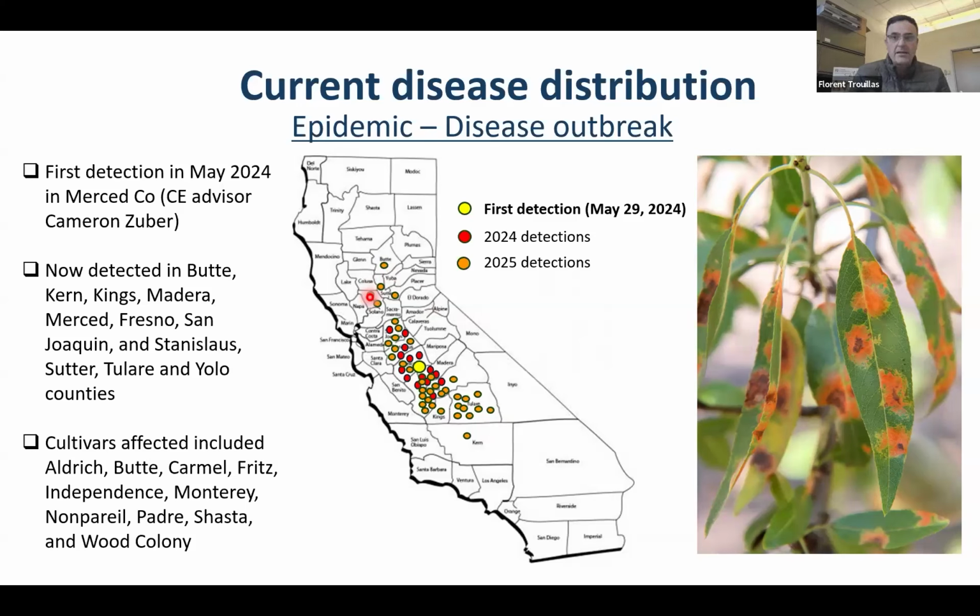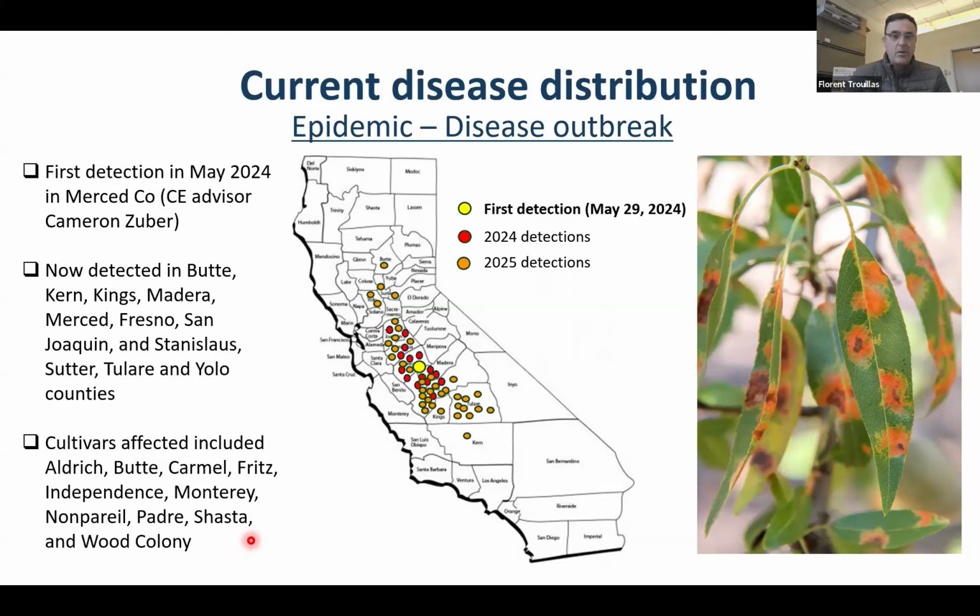So we're understanding right here that red leaf blotch seems quite aggressive, and what we're seeing also is that pretty much every cultivar of almond that we've looked at seems highly susceptible to red leaf blotch. And here I have a list of some of the cultivars from which we have reported red leaf blotch, and these include Aldrich, Butte, Carmel, Fritz, Independence, Monterey, Nonpareil, Padre, Shasta, and Wood Colony. So again, really a wide distribution for red leaf blotch within no time.